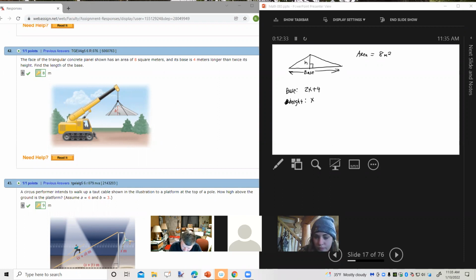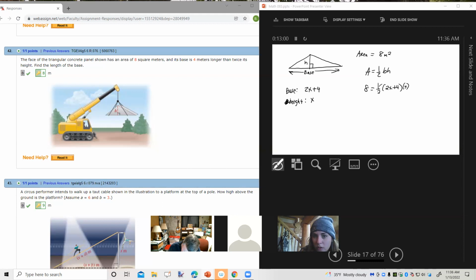So now we know the area, the base, and the height. Well, the formula for the area of a triangle is 1/2 the base times the height. So 8 equals 1/2 times the quantity 2x plus 4 times the quantity x. Now, as in an example I did yesterday, I could clear the fraction by multiplying both sides by 2, and there's nothing wrong with that.